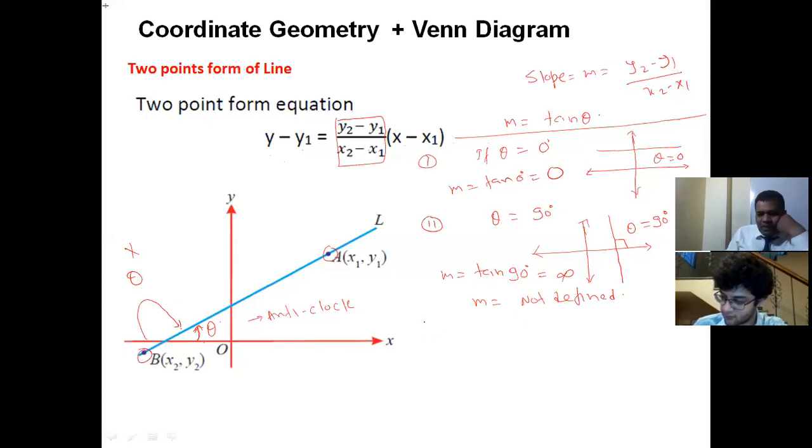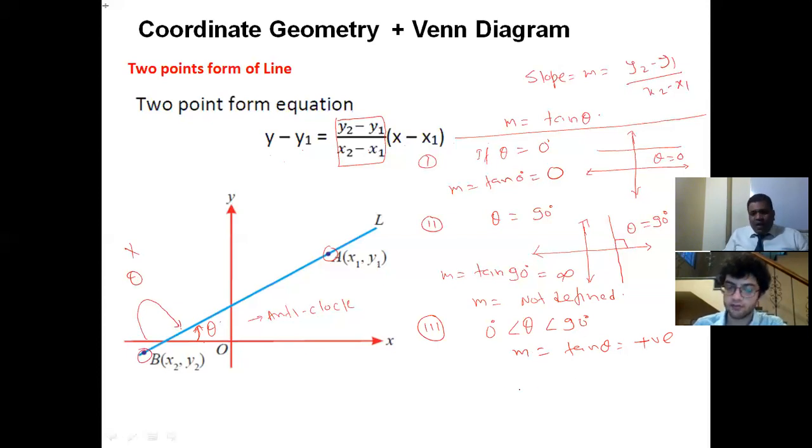Case number 3. I took theta as 0, theta as 90. Now I'm taking the third case: theta greater than 0 degrees and less than 90 degrees. In this case, tan theta is always positive. It means the slope of the line is also positive.